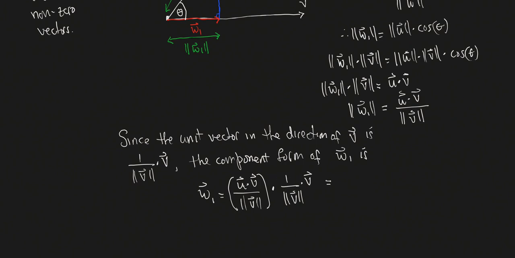Multiplying the numerators here, I would have u dot v. Multiplying the denominators here, I have the magnitude of v times itself, so that's the magnitude of v squared, and then this now times v.